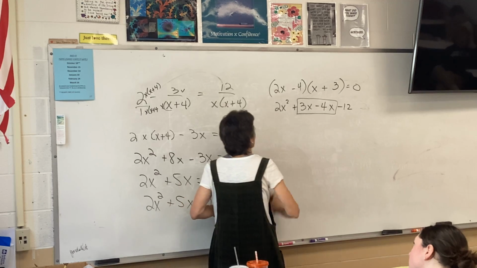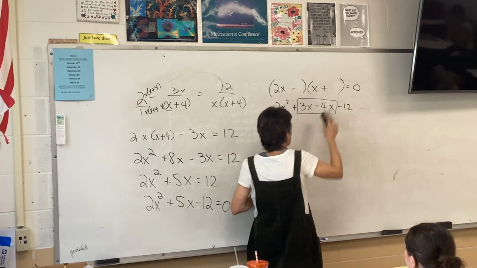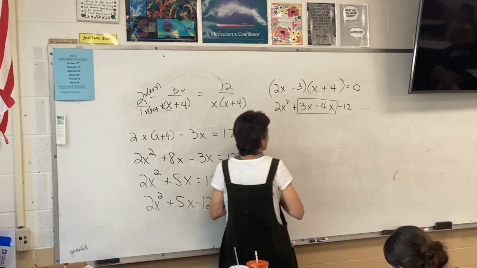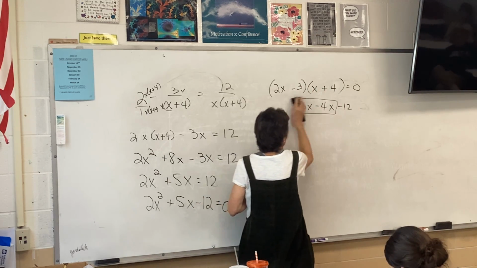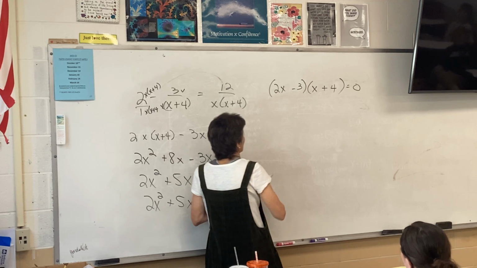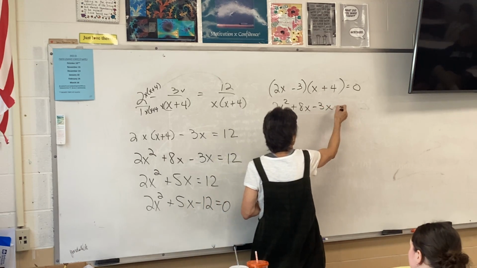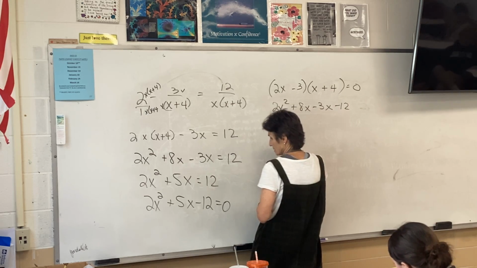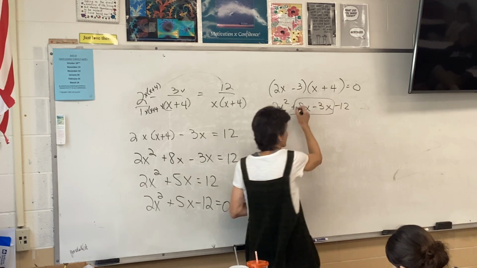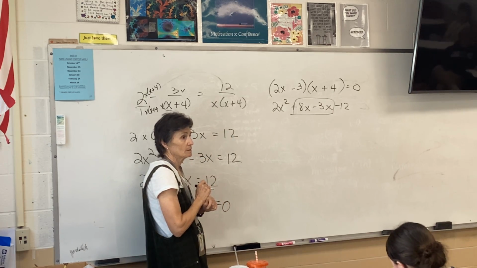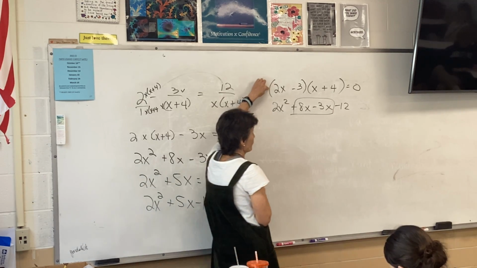So I might change these two numbers and put the 3 here and the 4 here. That'll give me 2x squared plus 8x minus 3x minus 12. I think that works, doesn't it? So these are the correct factors.